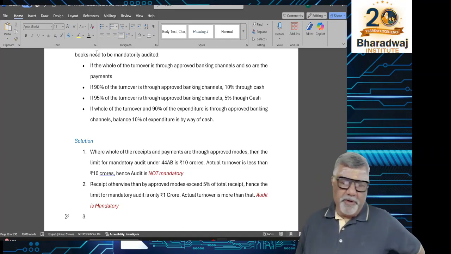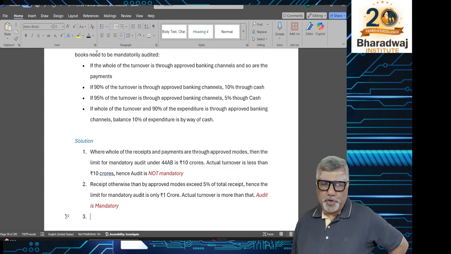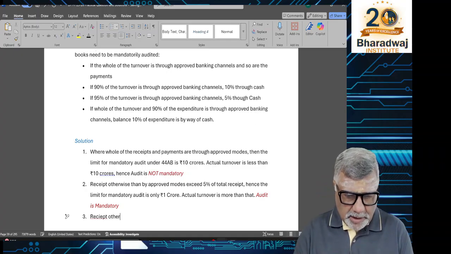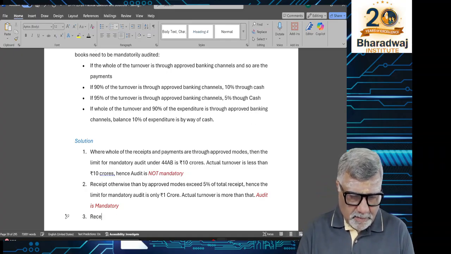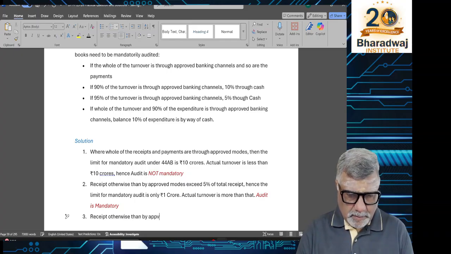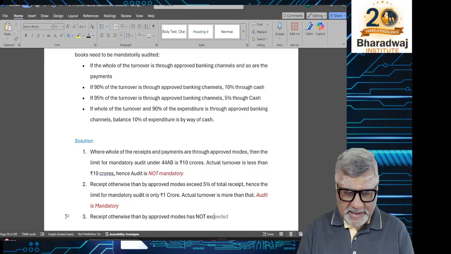If 95% of the turnover is through approved banking channel, 5% through cash, okay, receipt otherwise than by approved modes has not exceeded 5%.